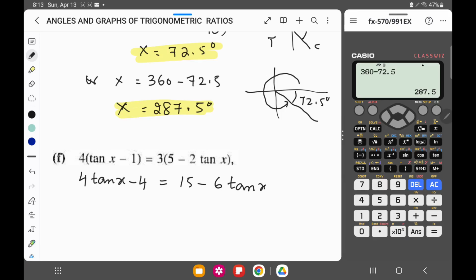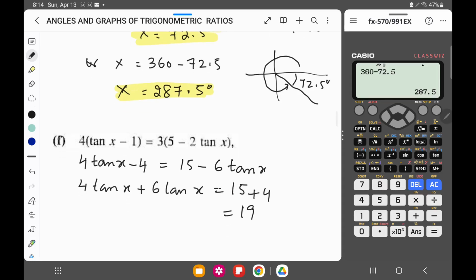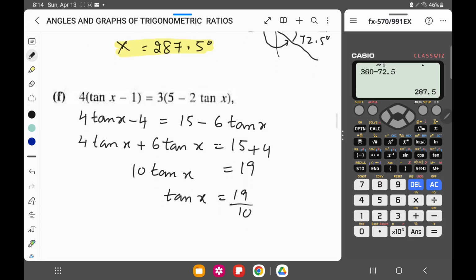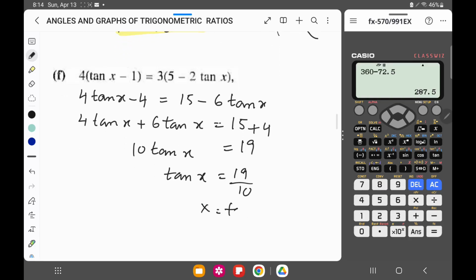Now keep tan x on one side to simplify the question. 4 tan x plus 6 tan x is equal to 15 plus 4, which is 19. 10 tan x, 4 and 6 become 10. Just like you usually solve your algebraic equations, we are doing the same thing. So tan x is equal to 19 over 10, and it's positive. x is tan inverse 19 over 10.